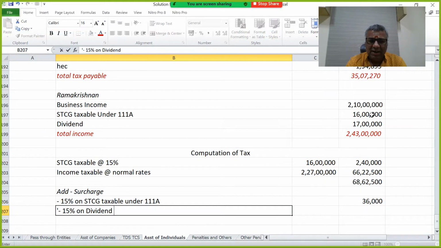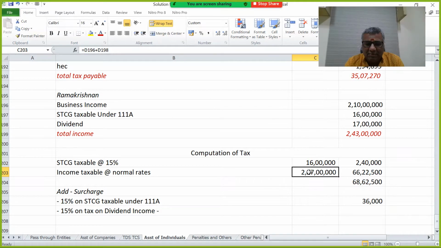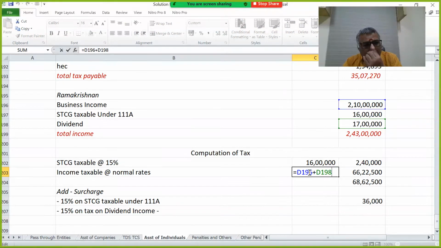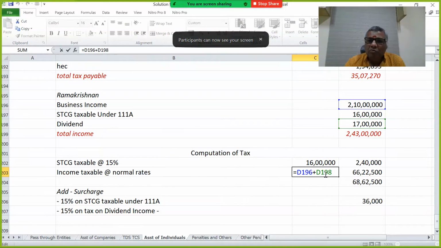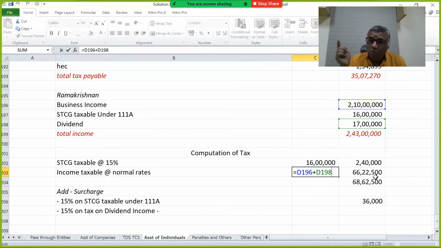And on dividend income, how to compute that? I know my dividend income is 17 lakhs. My total income is 2 crore 27 lakhs, which consists of business income and dividend income, for which the tax is 66 lakh 22,500. What would be the tax for 17 lakhs?